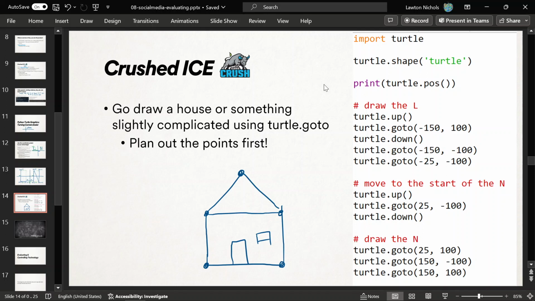Just think about how fun this will be once we learn how to do loops in Python and randomness in Python. So then you just draw random lines forever. That'll look cool.